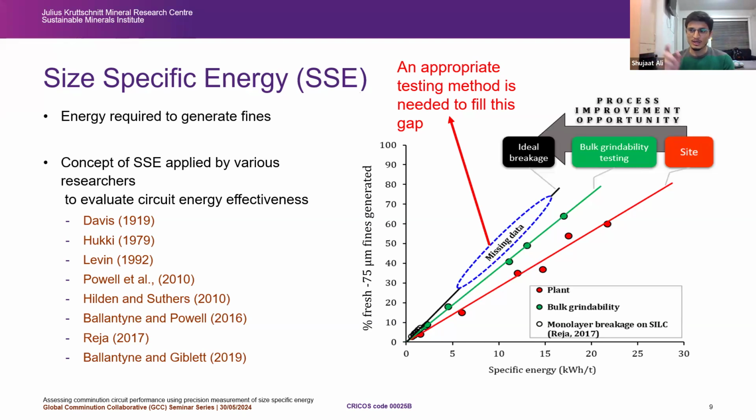That ideal test is really missing the data that you see on this picture, because there isn't one method that can generate that data. We need to come up with a method, and that was the rationale behind my PhD research: if I am able to develop a method that will populate this data, then we will be in a position to benchmark our circuits against that.